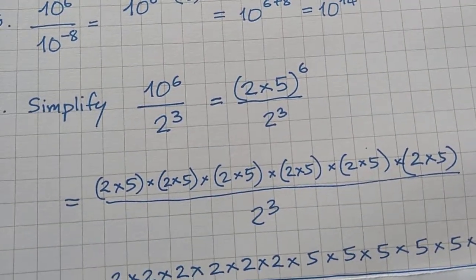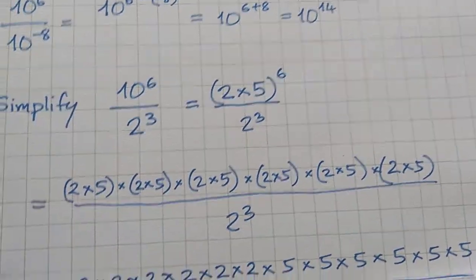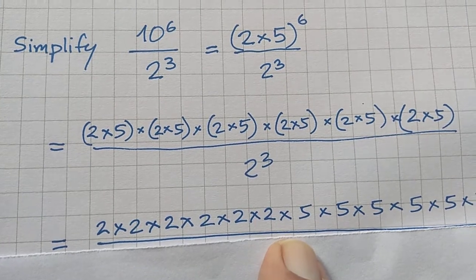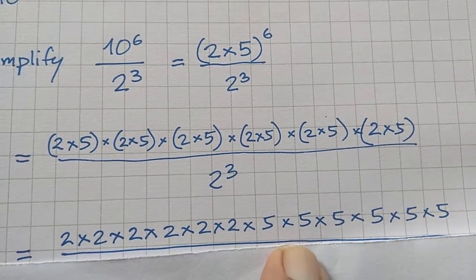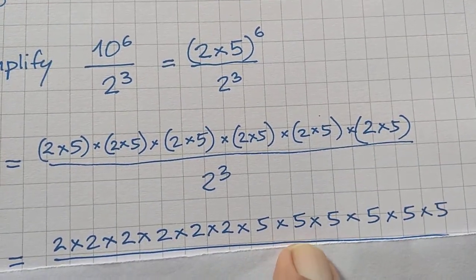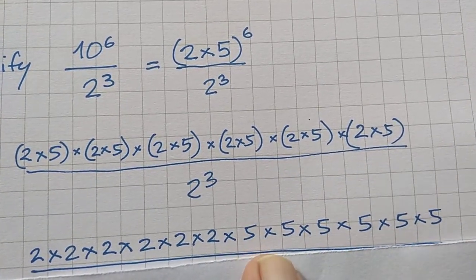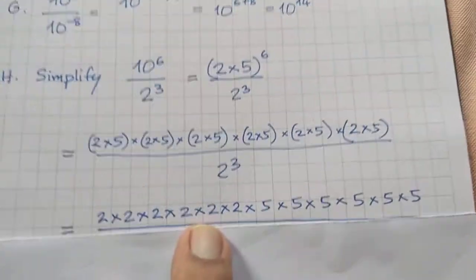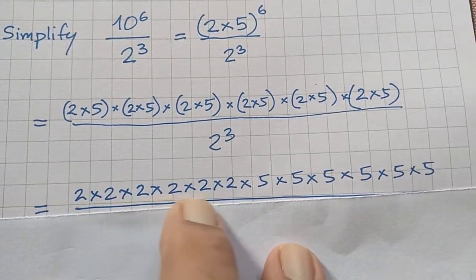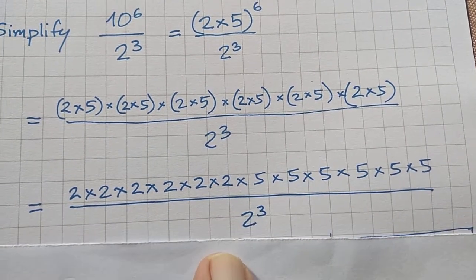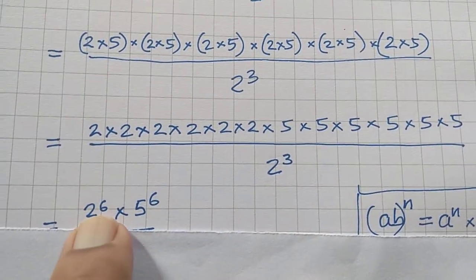If I open the brackets and I move all the 2's together, I will get 2 into 2 into 2 into 2 into 2 into 2, 6 2's, and similarly 5 into 5 into 5 into 5 into 5 into 5, again 6 5's. So 2 multiplied by itself 6 times is 2 to the power 6.